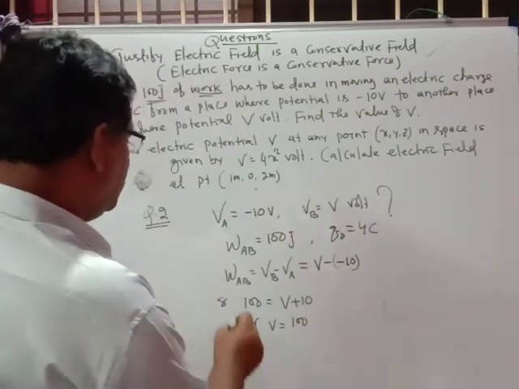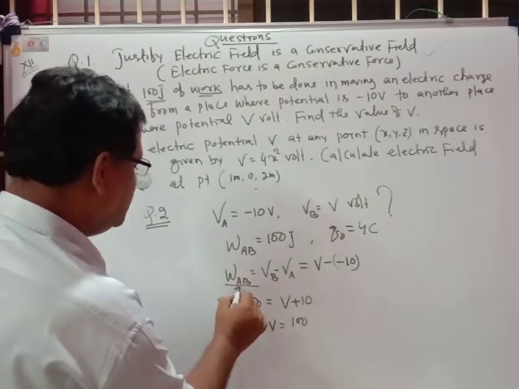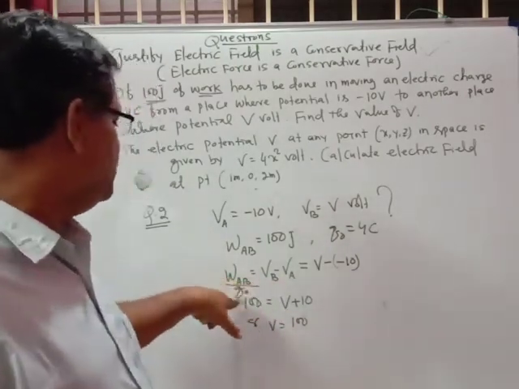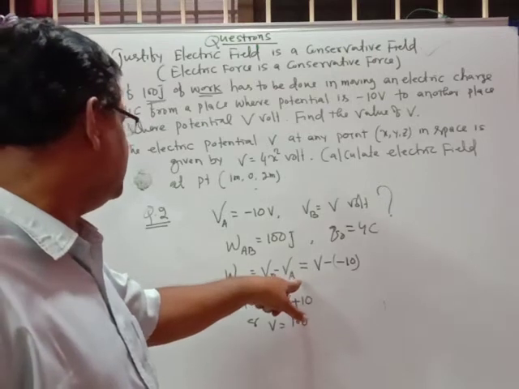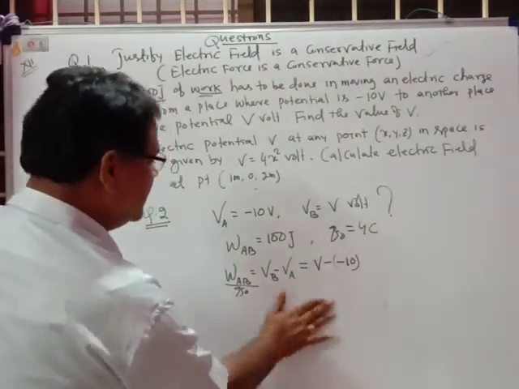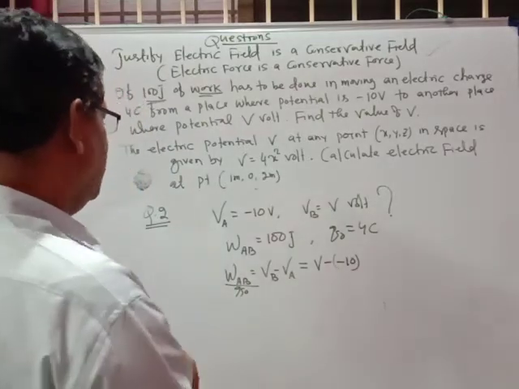WAB by Q naught equal to VB minus VA, the potential difference, that is V minus of minus 10 volt.